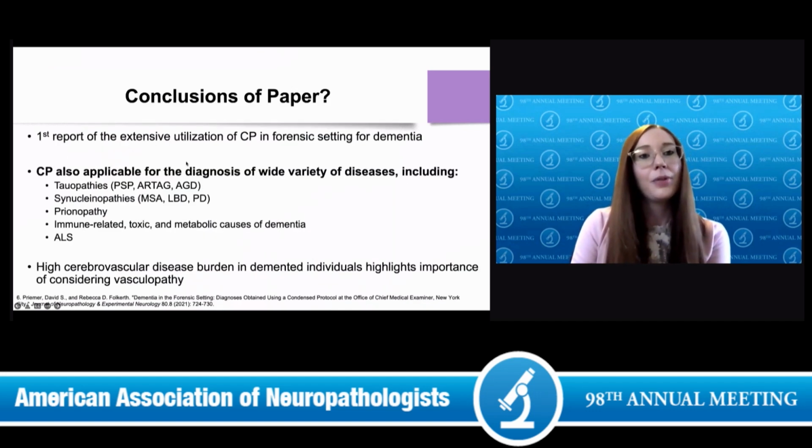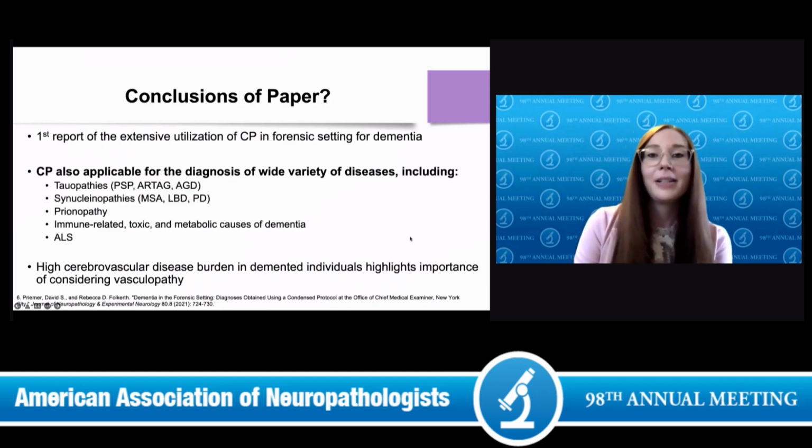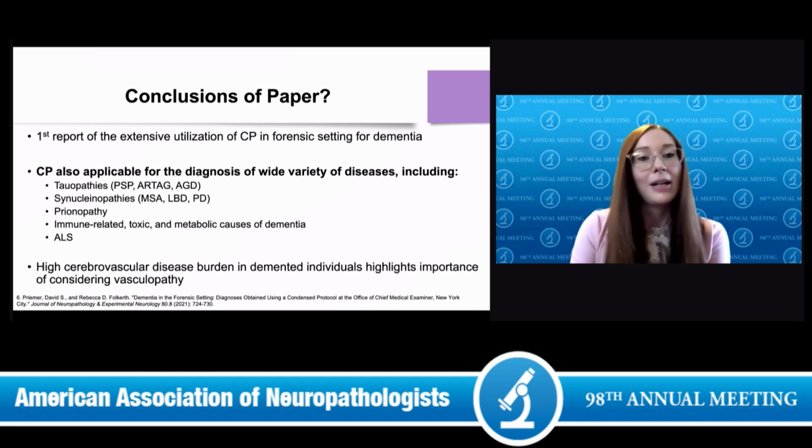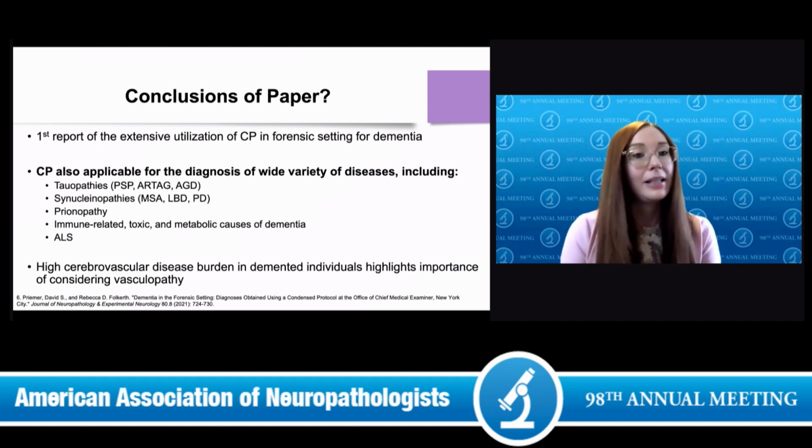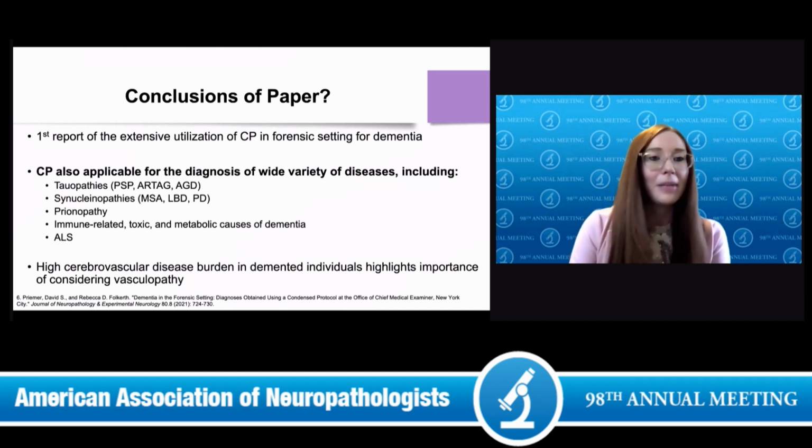So this first report of the extensive utilization of the condensed protocol in the forensic setting for dementia described that this condensed protocol is also applicable for the diagnoses of a wide variety of diseases, including things such as non-Alzheimer's disease tauopathies, so progressive supranuclear palsy, in addition, multiple system atrophy, in addition to Lewy body disease, and perhaps also prionopathy and other causes of dementia, such as immune-related, toxic, and metabolic, and lastly, ALS.